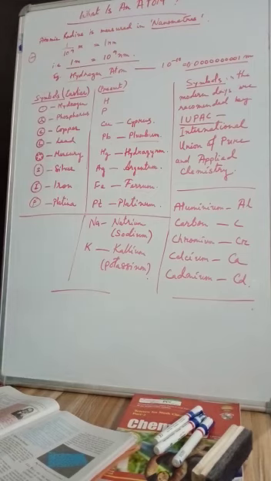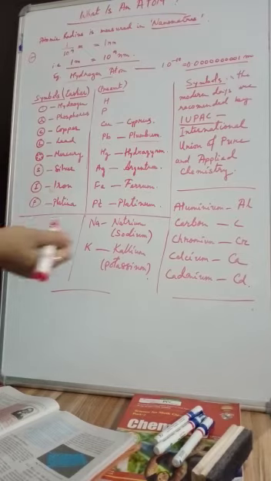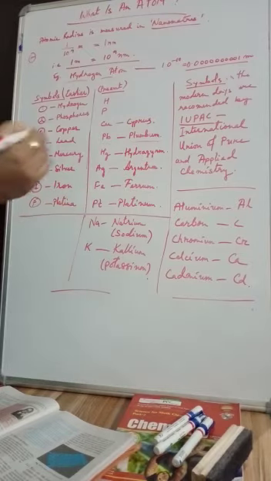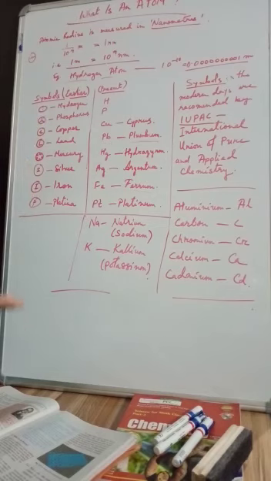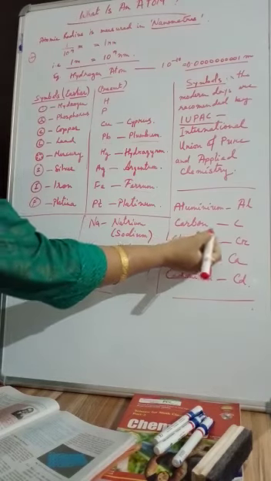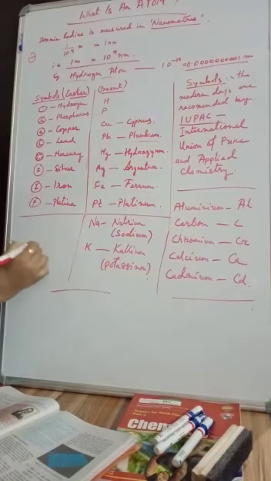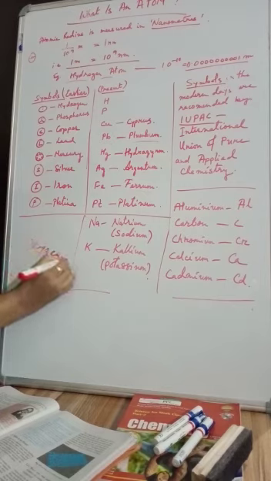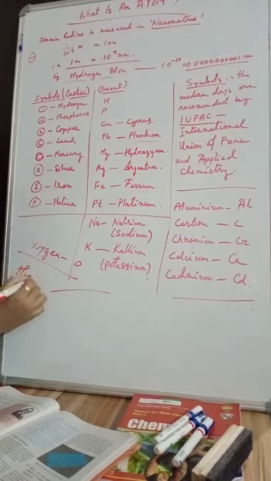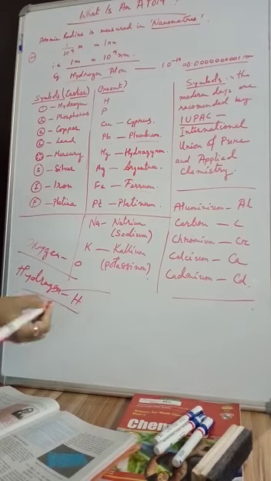One more important thing to keep in mind when we write symbols is that we use either the first letter or the first two letters. Suppose carbon, we write C. Oxygen we write O. Hydrogen we write H. Calcium, I have shown you, is Ca.